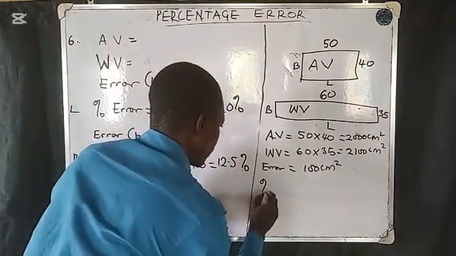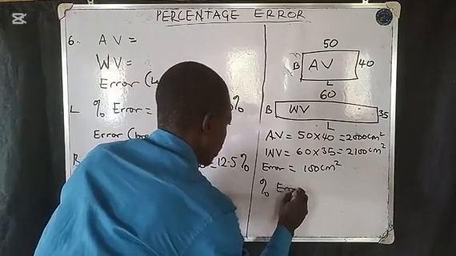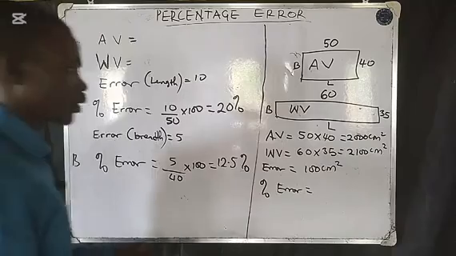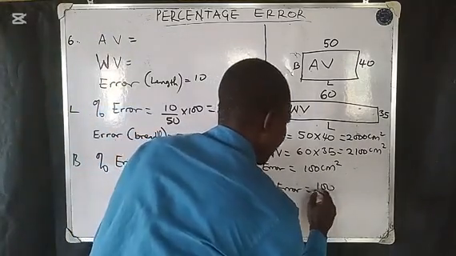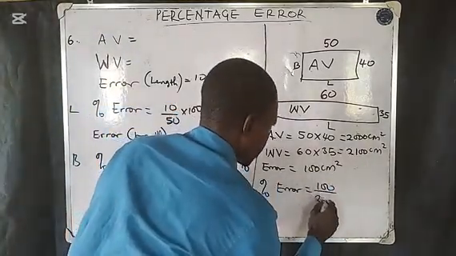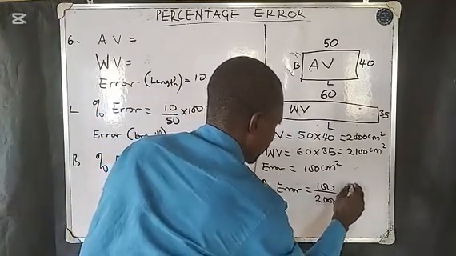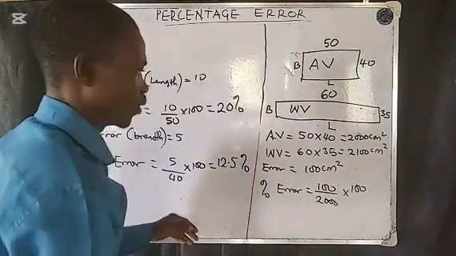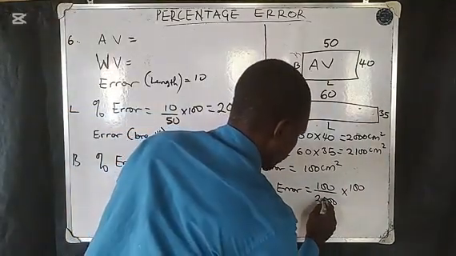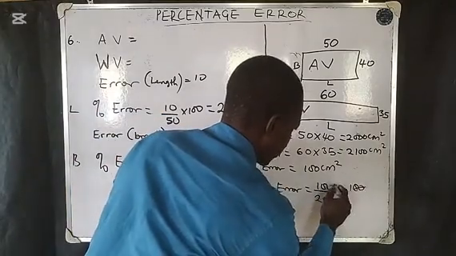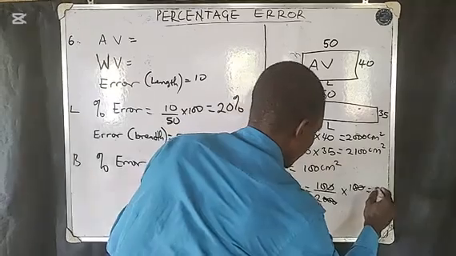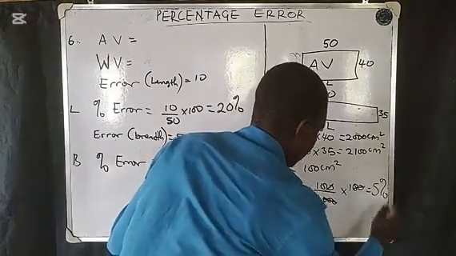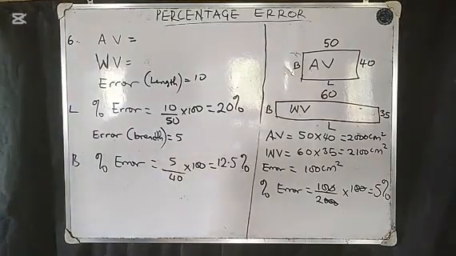Then percentage error will give us what? 100 over the actual, which is 2,000, the actual area, multiplied by 100. We cancel 2 here, we cancel 2 here, right? Answer is 5, Abi. So 5%. That is the percentage error of the top area, right? So what's the last answer? What's the last question?